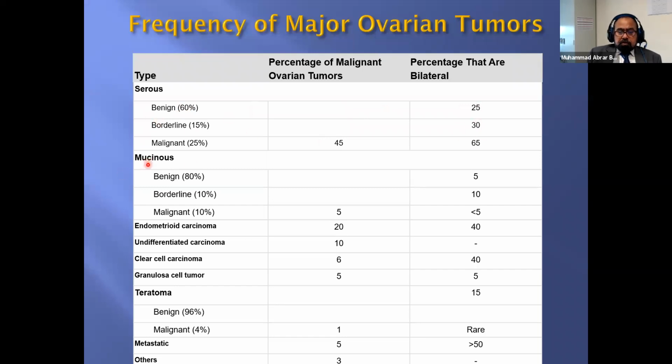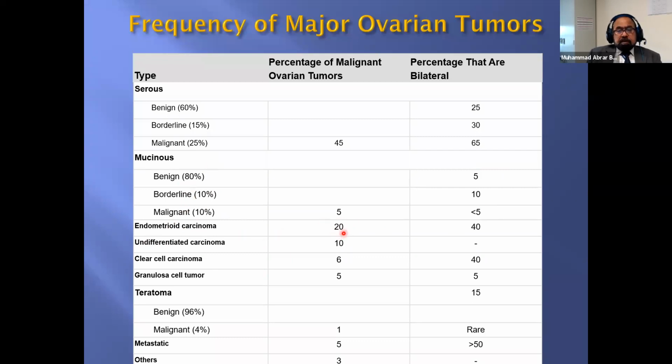Regarding mucinous, only 5% are malignant, and the remaining 90-95% are benign. And majority of them are unilateral, 95%, only 5% are bilateral. Endometrioid, as I said, usually don't have benign, borderline, or malignant. They are mostly malignant ones.